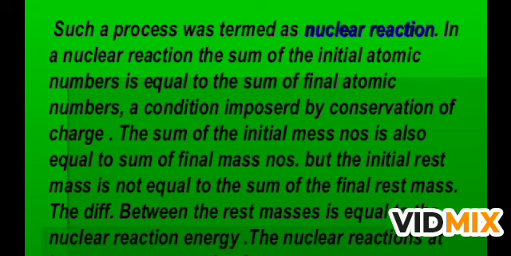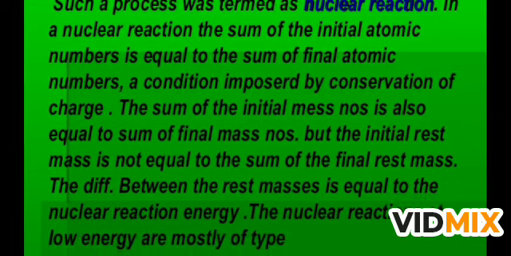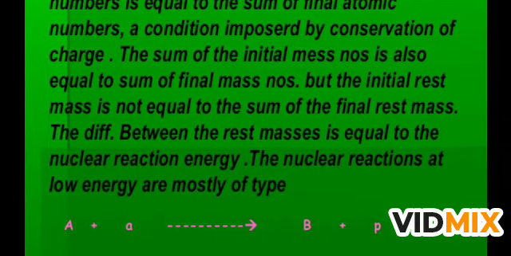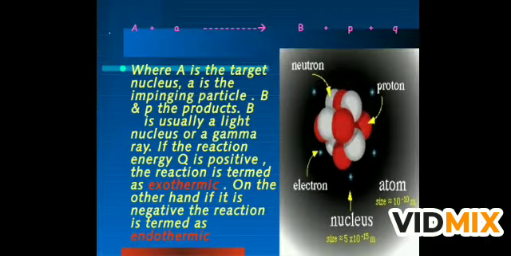So the difference between the rest masses is equal to the nuclear reaction energy, and the nuclear reactions at low energy are mostly of two types. If you see this equation, capital A plus small a gives products capital B plus b plus Q. So what does this mean?